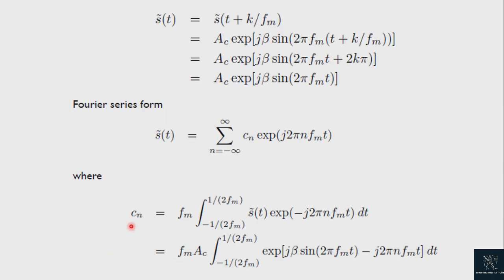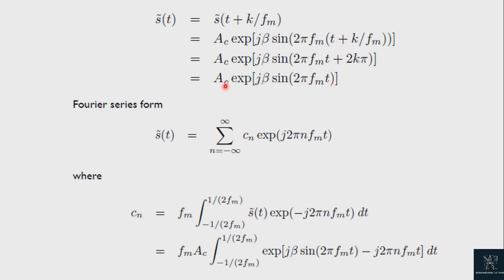Then we can rewrite s-cap(t) is equal to Ac exponential of jβ sin 2π fm (t plus k/fm), which is equal to Ac exponential jβ sin(2π fm t plus 2πk), which is equal to Ac exponential jβ sin 2π fm t.